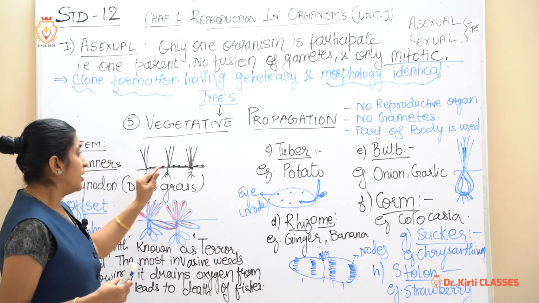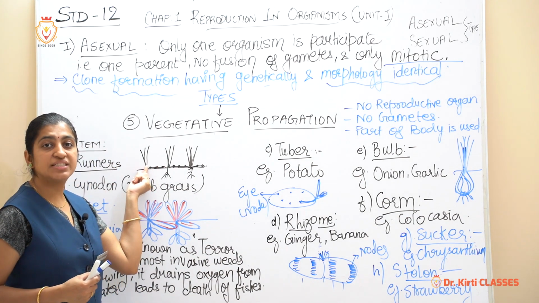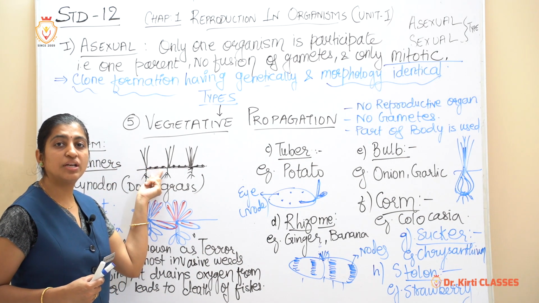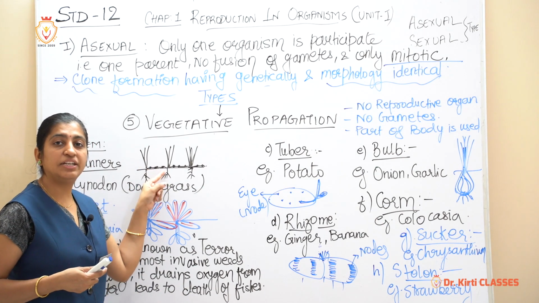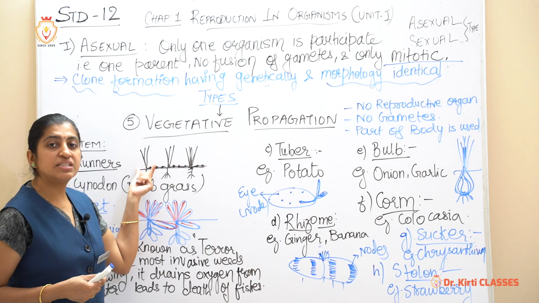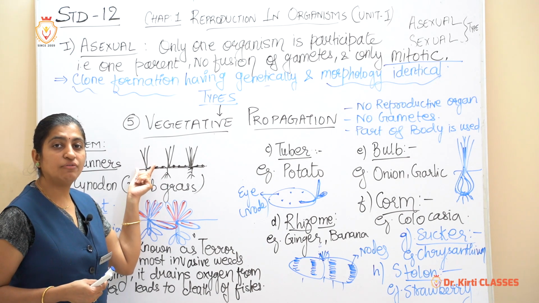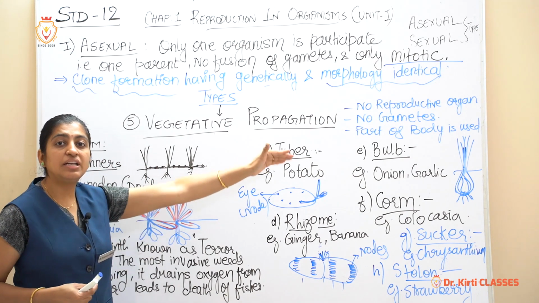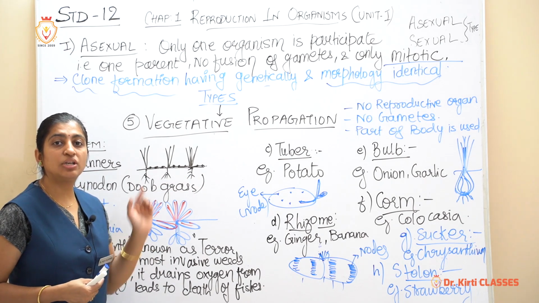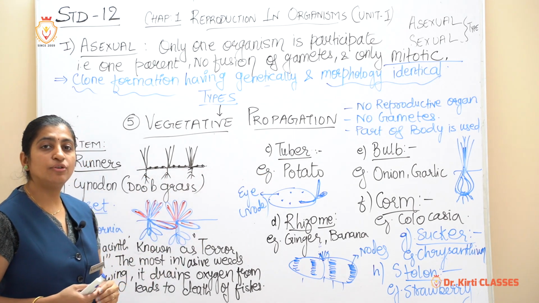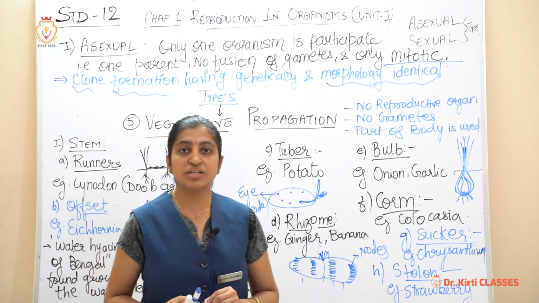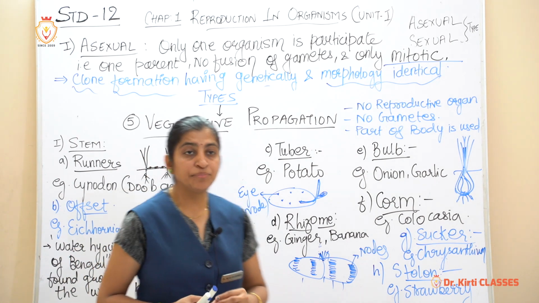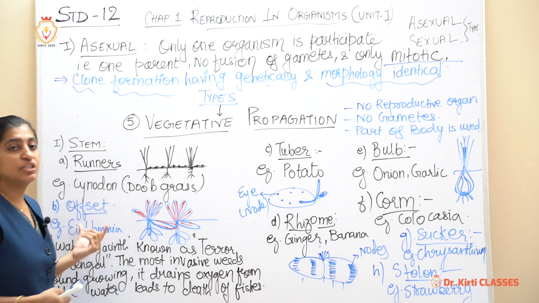So whenever the node of this particular stem which is very near to the ground is touched to the ground with favorable condition, it will start growing. So once the grass has grown on one side, it will start growing along that particular line, and it will be helpful for the development of a new plant. So such type of reproduction is known as a runner.